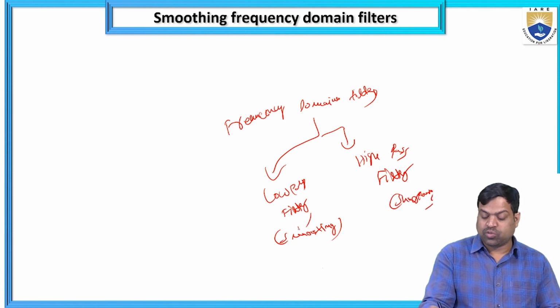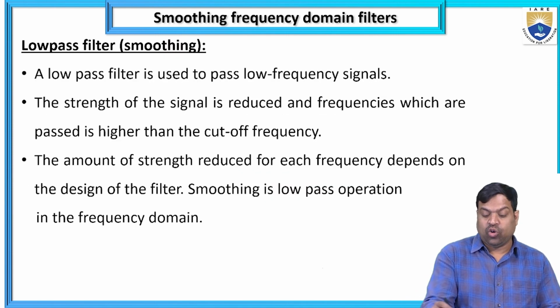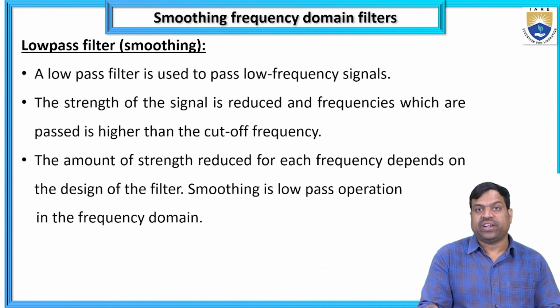So a low pass filter is a smoothing filter and a high pass filter is a sharpening filter. A low pass filter or smoothing filter is used to pass low frequency signals. The strength of the signal is reduced for frequencies higher than the cutoff frequency. The amount of strength reduced for each frequency depends on the design of the filter.